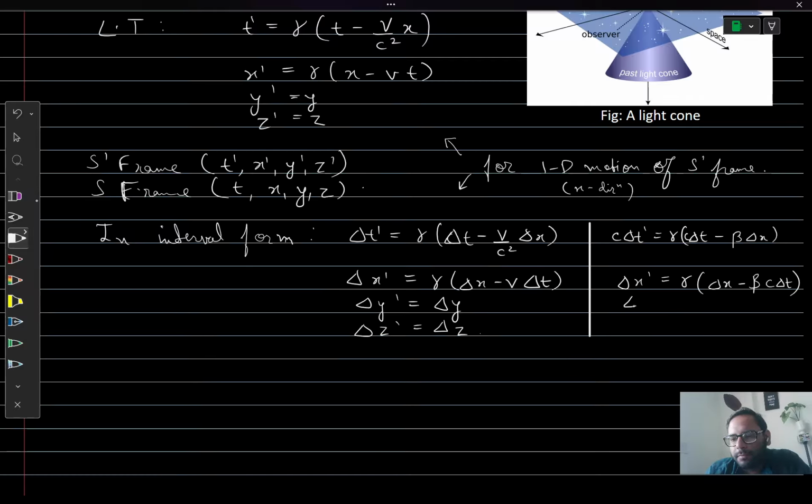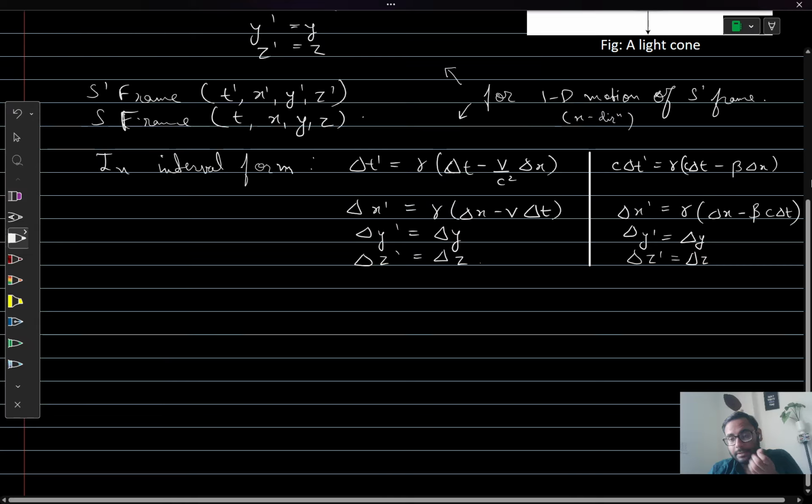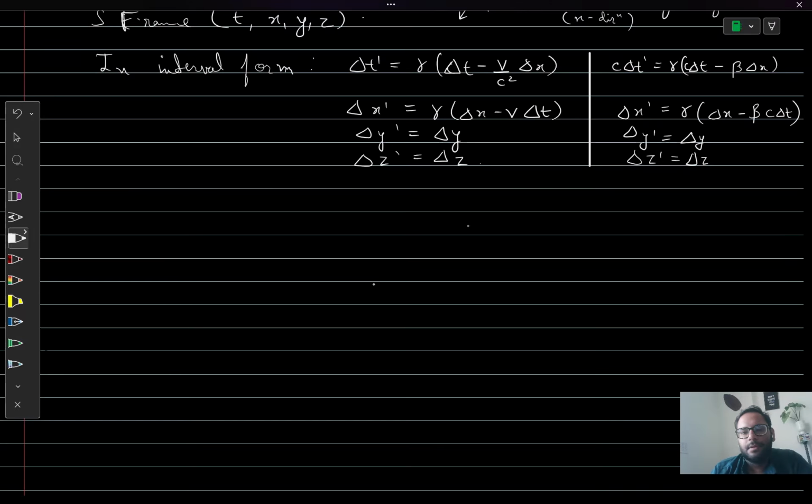We will see why we are writing these in this form, because we can make the time coordinate a length coordinate by multiplying it by c, and the equations look more symmetrical now.